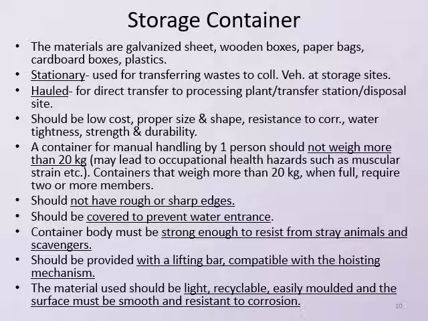The material should be lightweight, maybe recyclable, because if it is broken down, then it should be recycled, because it should not create another type of waste for our community. Easily molded, and the surface must be smooth, not with sharp edges, and resistant to corrosion.